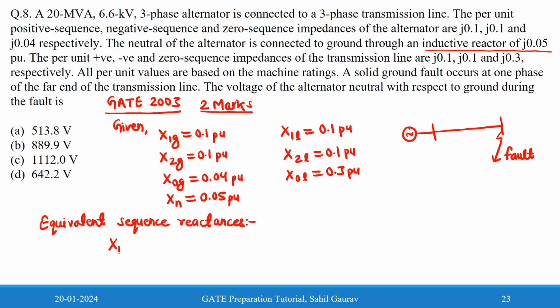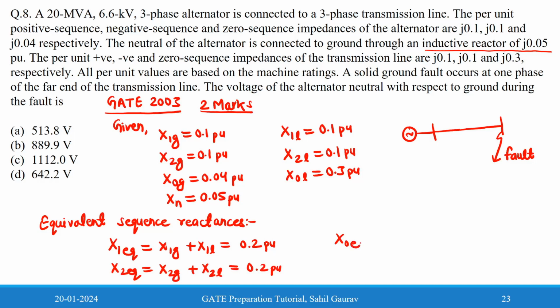So x1 equivalent is x1g plus x1l, so it is 0.2 per unit, and x2 equivalent is x2g plus x2l, so it is also 0.2 per unit.